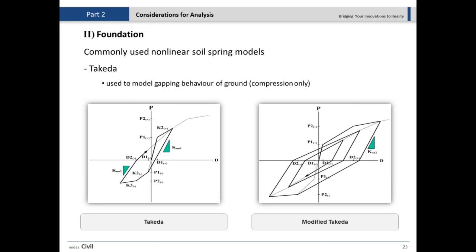But if you pull the wall, there's no resistance except the strength of the wall itself. You can see the different behavior here. Following these curves, this is a trilinear curve. One line here, then the first yielding at this point going up, then the second yielding, and then the unloading and so on.